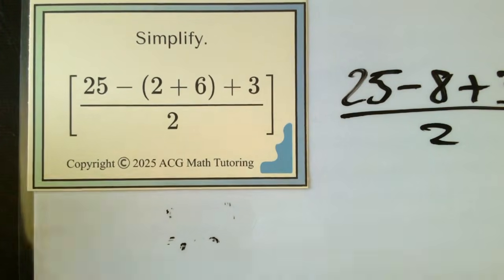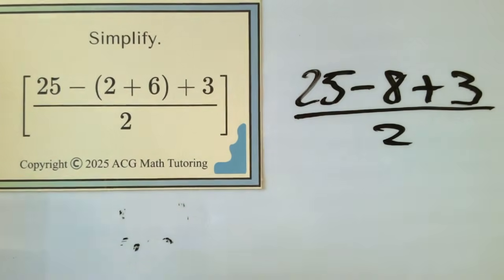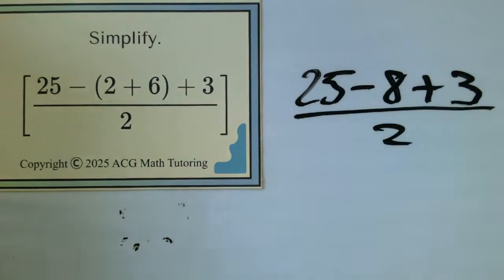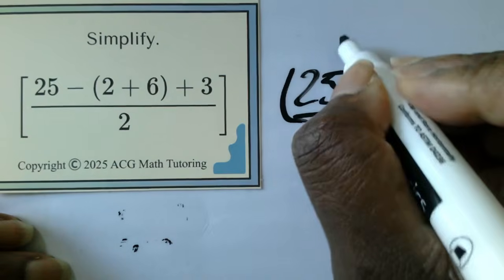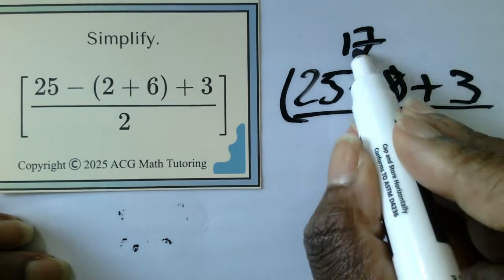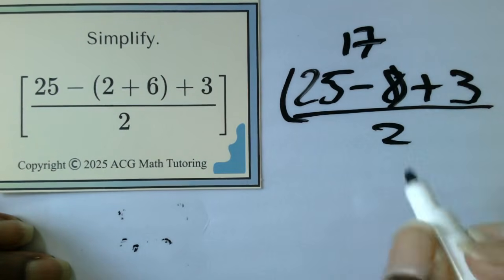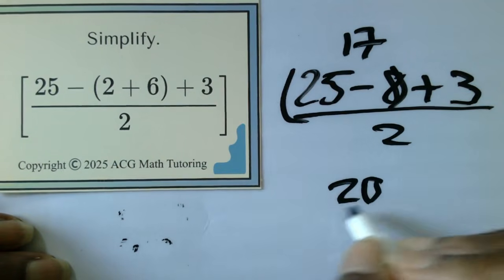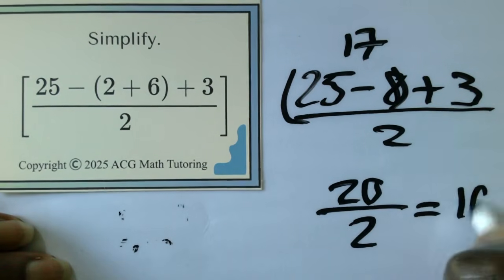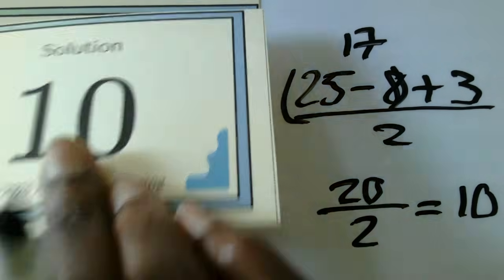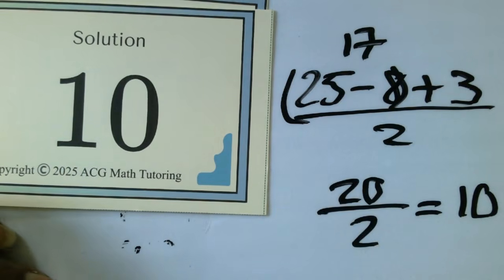Once we have our 25 minus our 8, that gives us our 17. Then 17 plus 3 gives us 20. And then 20 divided by 2, that will give us our answer of 10.